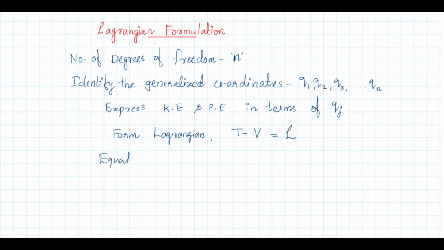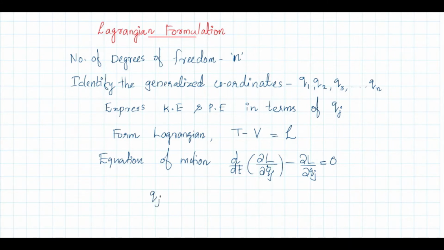What is the equation of motion? It is given by d by dt of ∂L/∂qj dot minus ∂L/∂qj is equal to 0. These qj's are generalized coordinates and qj dots are generalized velocities.